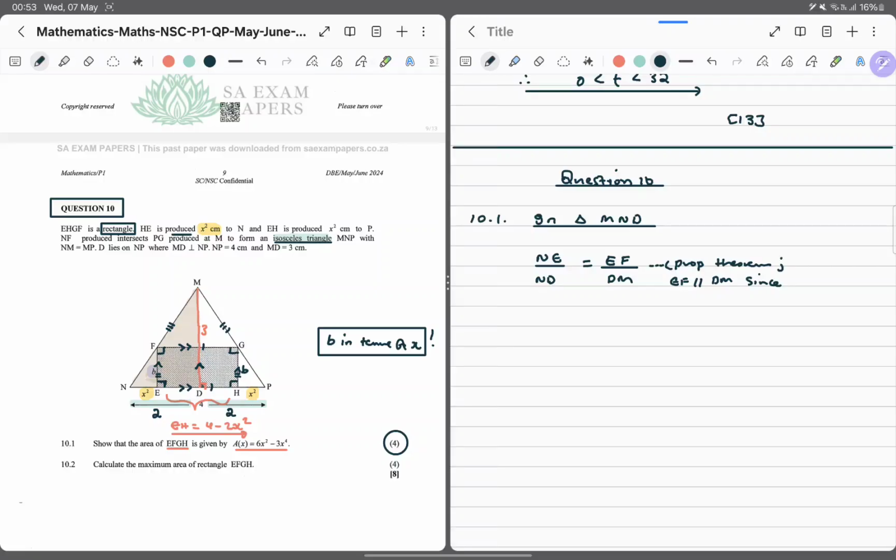We can say since EFGH is a rectangle, all right, and DM is perpendicular to NP. Okay.